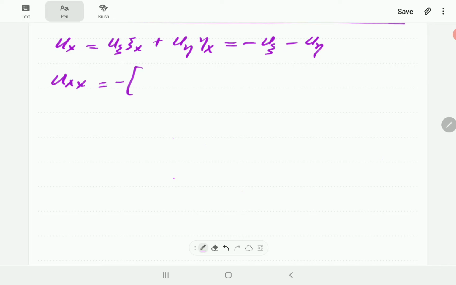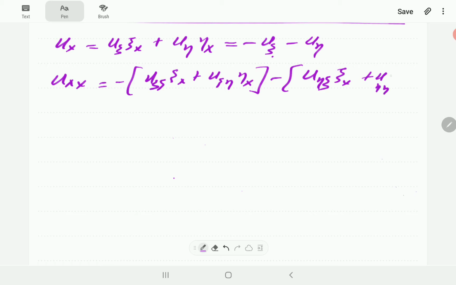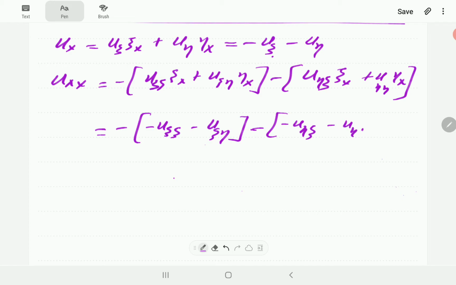When we do this one, it's going to give us a similar situation to what we had here, but this is already u_xi, so that means the first one is going to be u_xi_xi xi_x, and then u_xi_eta eta_x, because the xi derivative is already here, minus, then this time we're going to have u_eta_xi xi_x, and then u_eta_eta eta_x, and then remember both of them are -1, so we're going to have negative here into negative u_xi_xi minus u_xi_eta, take away negative u_eta_xi minus u_eta_eta.